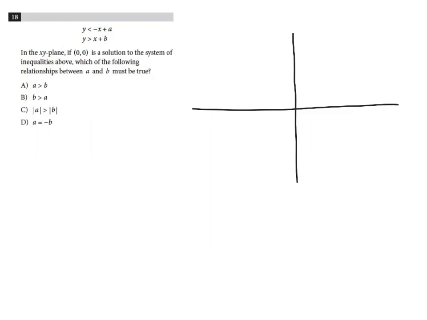We know that for the first equation, we are going to be shading below the line because y is less than the line. We also know that the line has a -1 slope.